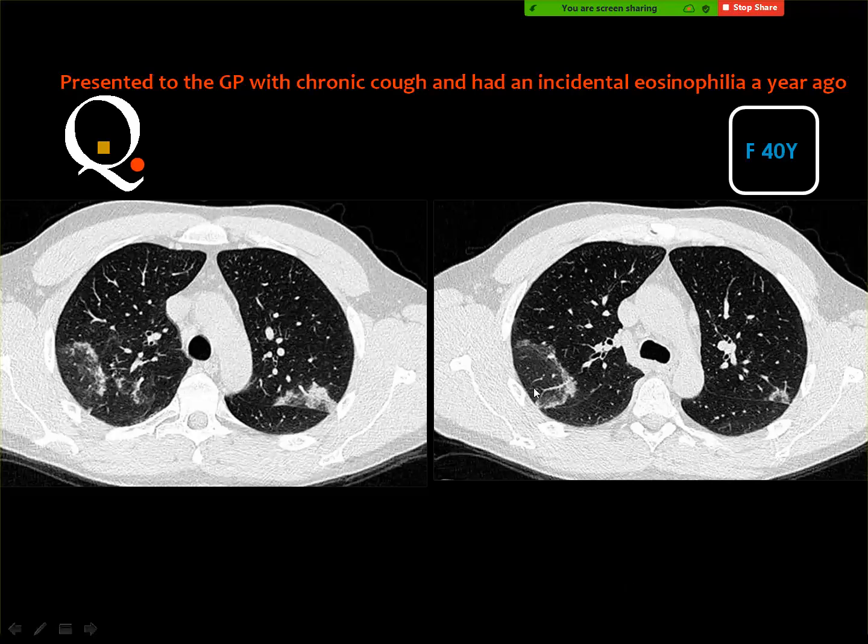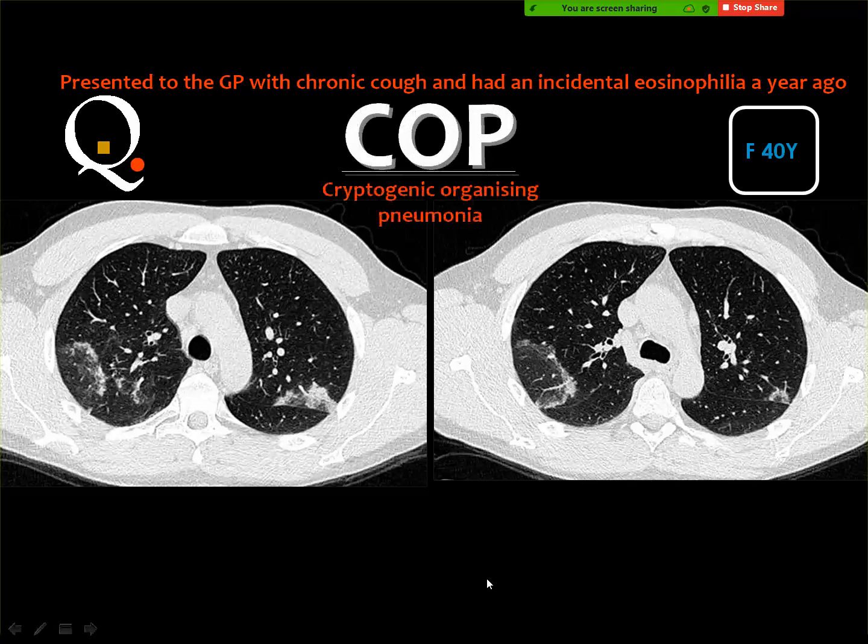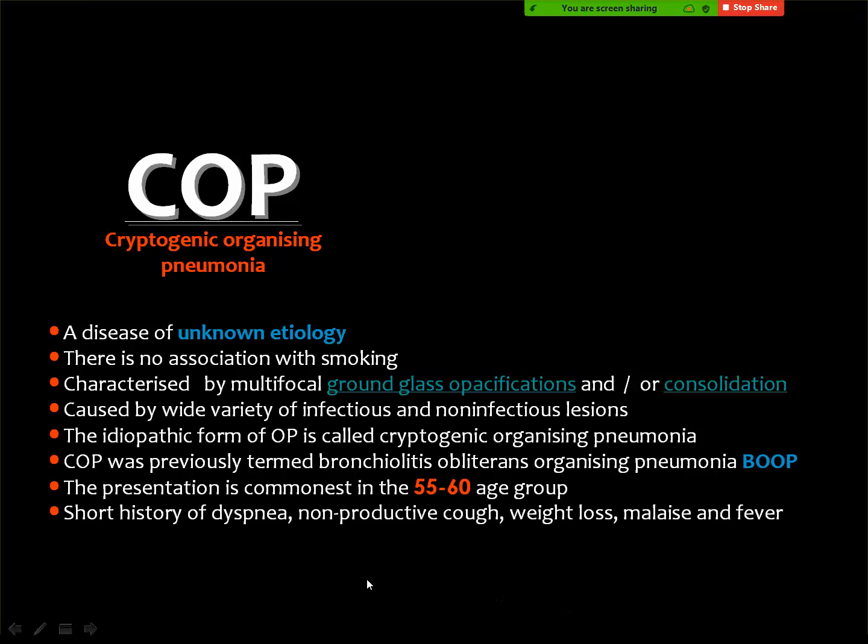If you see these very classic opacities, known as the reversed halo sign or the atoll sign, then you know that you are dealing with cryptogenic organizing pneumonia. This atoll sign is not common, but it is pathognomonic.